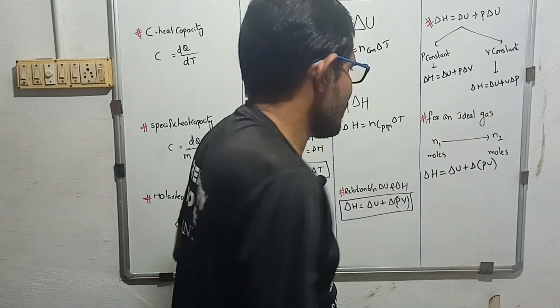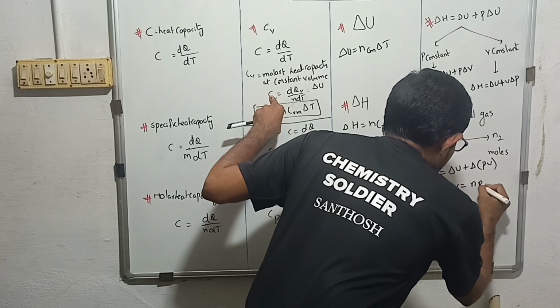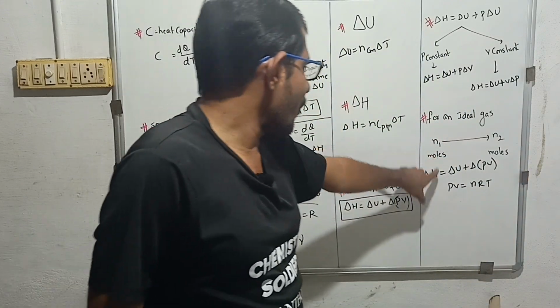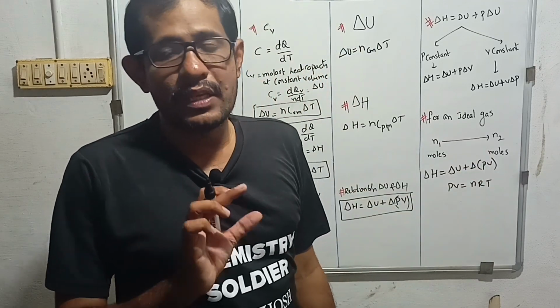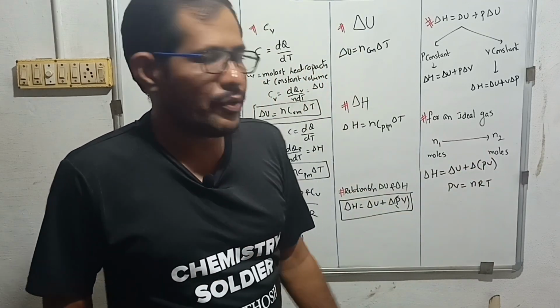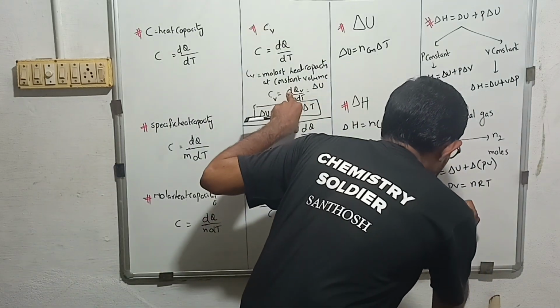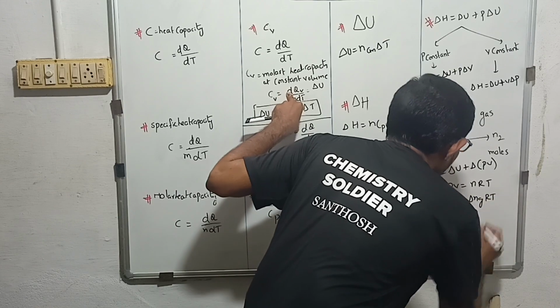You know the ideal gas equation, PV equal to nRT. But they are mentioning there is a change in the moles from N1 to N2. So I will write delta PV equal to delta n g into RT.